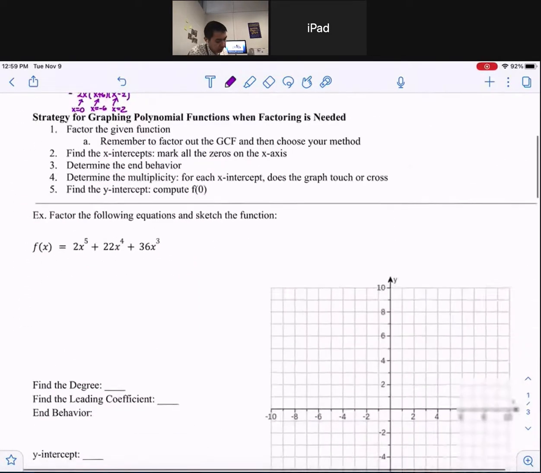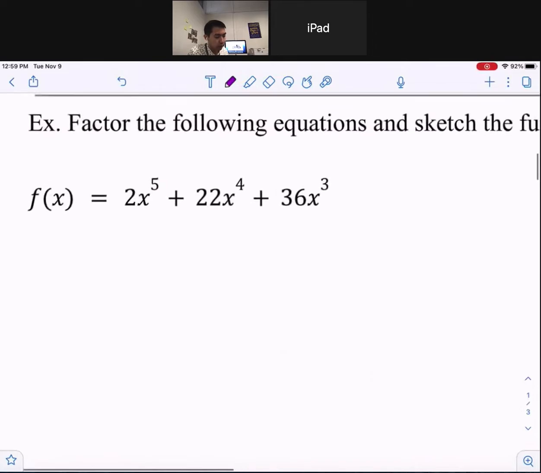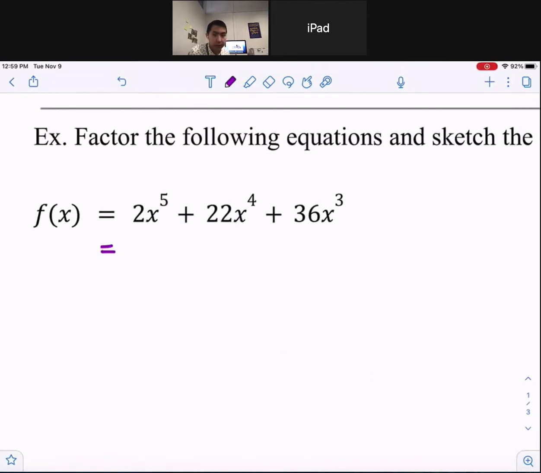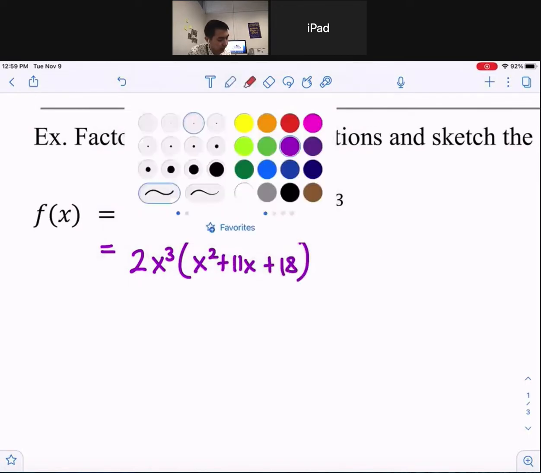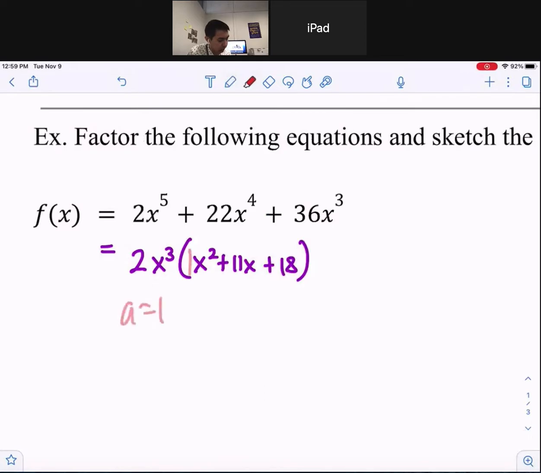So here's this. That's the standard form. So let's find our factors so that we can find our zeros. You can divide each by 2 and take away 3 x's from each. x squared plus 11x plus 18. Again, this is an a equals 1 case, so you can factor it.